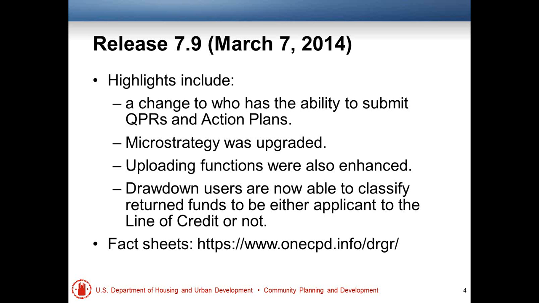And so there's been some updates and enhancements to that uploading functionality. As well as drawdown users are now able to classify your return funds to be either applicant line of credit or not. And this gives some freedom for you when you're having to do work with return funds.